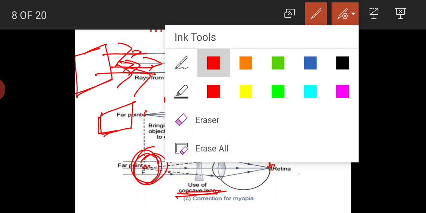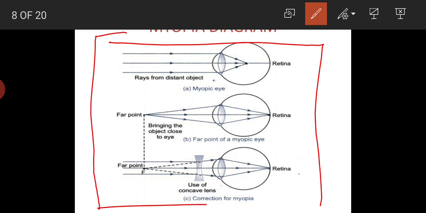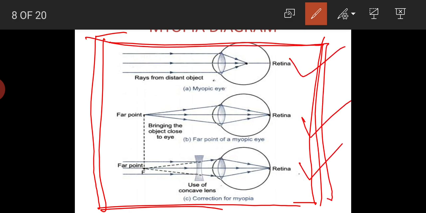This diagram is very important regarding 4 marks or 8 marks. So I request you to learn this diagram, these 3 images, very clearly.